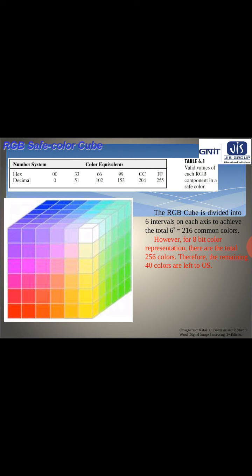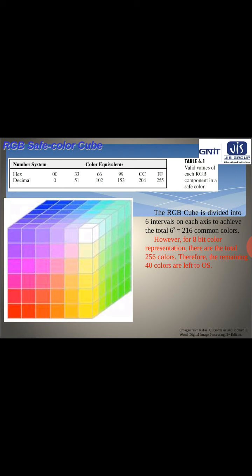So these are the valid values of each RGB component in a safe color, which in the decimal number system are 0, 51, 102, 153, 204 and 255, whose equivalent hex numbers are 00, 33, 66, 99, CC and FF. So from the diagram we can see this.